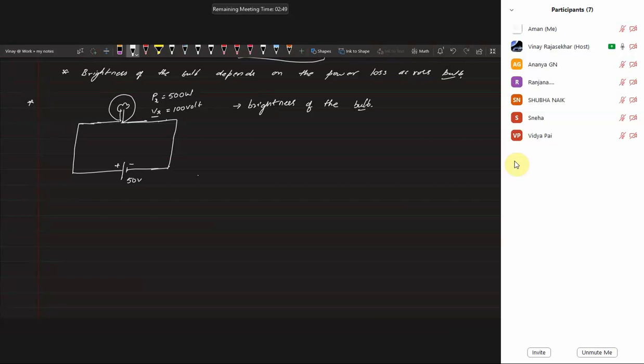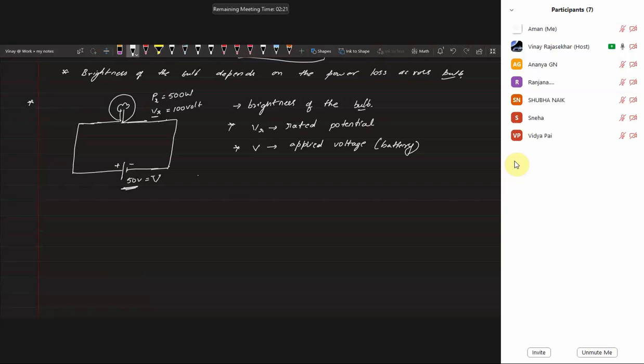VR is the rated potential. Please remember, VR is the rated potential. And this V is taken as the applied voltage of the battery. Here only students get confused.